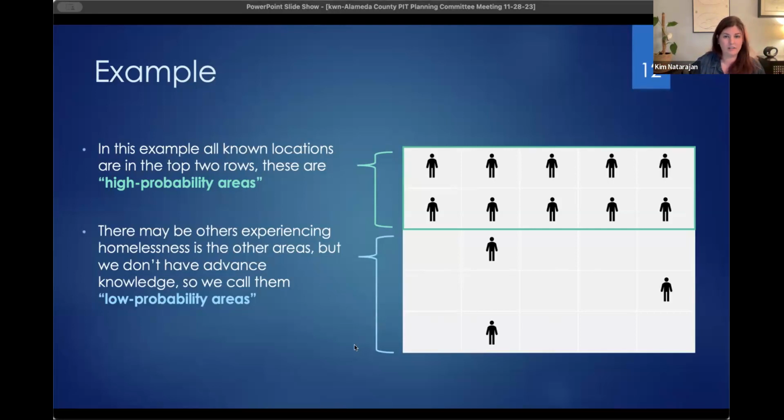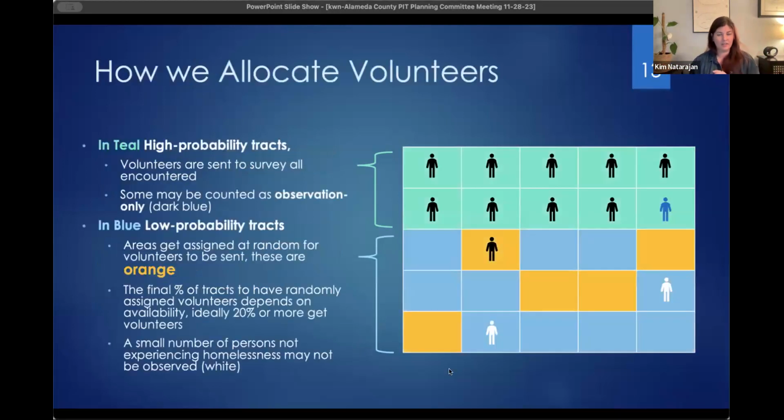What happens next? So I've marked in teal or bright green all those high probability tracks. A volunteer is being sent, and all the little black people are getting a full survey. 1 person in blue refused to talk to the surveyor, and they're getting observation-only data. For the next 3 rows, I've marked them in blue, and we're calling those low probability tracks.